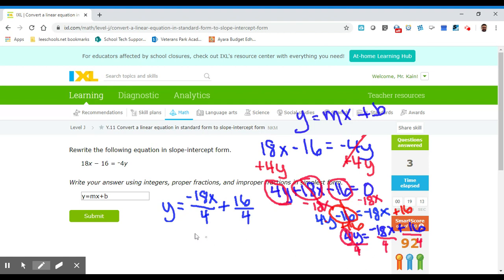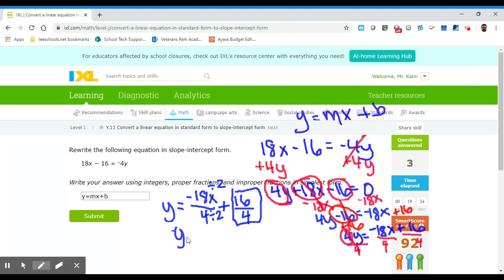Okay, we're almost done. We have to put this in simplest form. We have an even fraction here, so we can divide it by 2 on the top and the bottom. And in fact, I'll just do 16 divided by 4, that'll be easier.